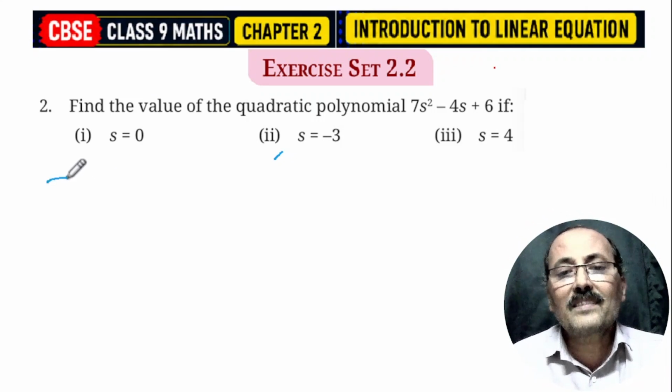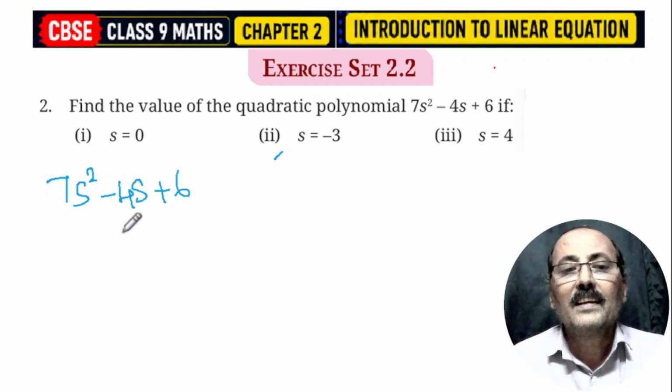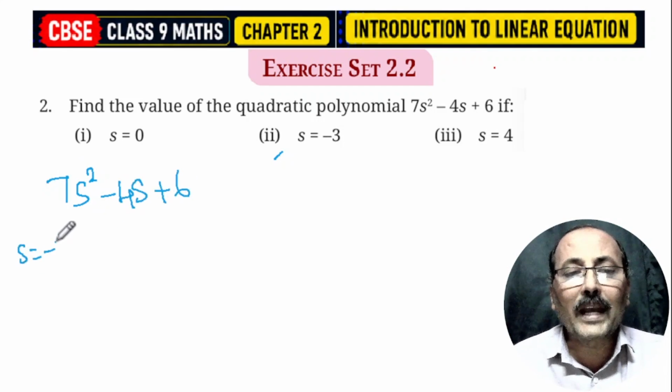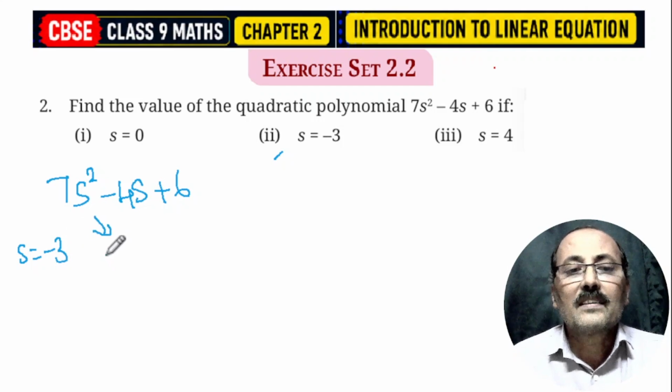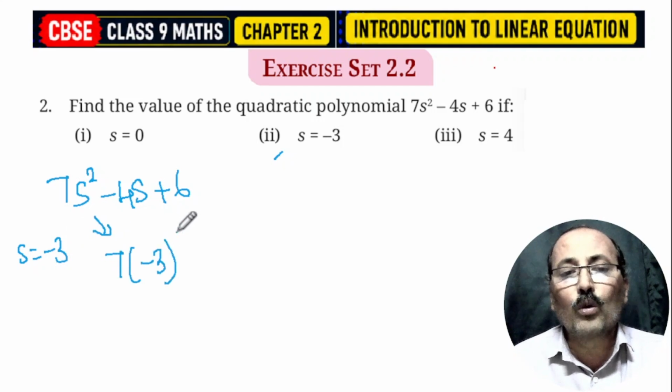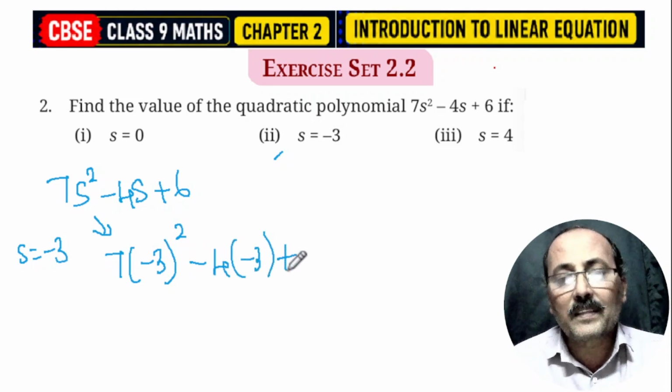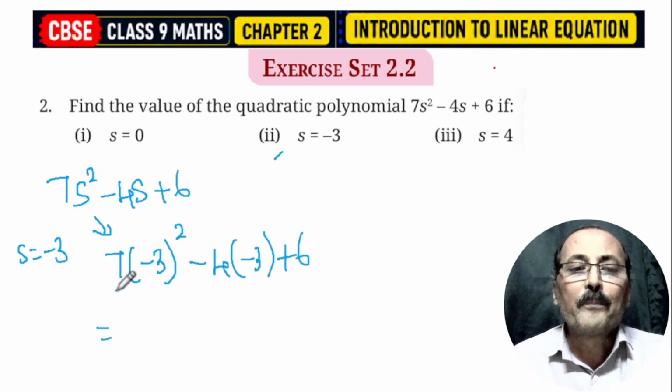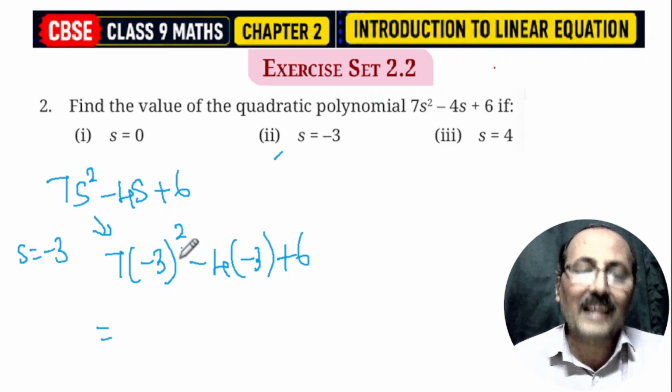So first one, 7s square minus 4s plus 6. When s equals minus 3, this becomes 7 into (minus 3) whole square minus 4 into minus 3 plus 6. Minus 3 whole square is 9.